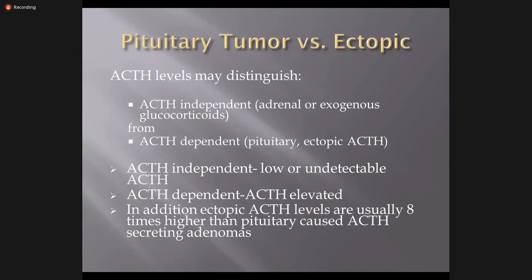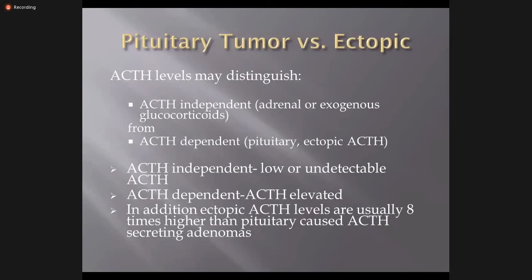In ACTH independent Cushing syndrome, the adrenocorticotropic hormone level is low than normal or undetectable. This shows that the patient might have an ACTH independent adrenal adenoma, or the patient has exogenous corticosteroid intake resulting in Cushing syndrome.